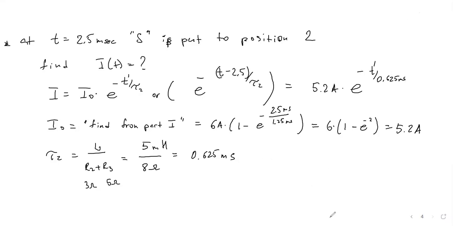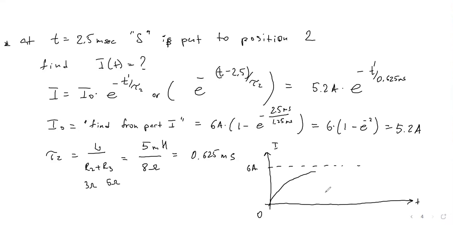I can just draw maybe the main diagram, what happened with time when you have both of these processes. So you have the 6 ampere value, 6 ampere. At time equals 0, you start charging, so your current is increasing. And when you reach this time, 2.5 milliseconds, you reach value 5.2, sorry, yeah?